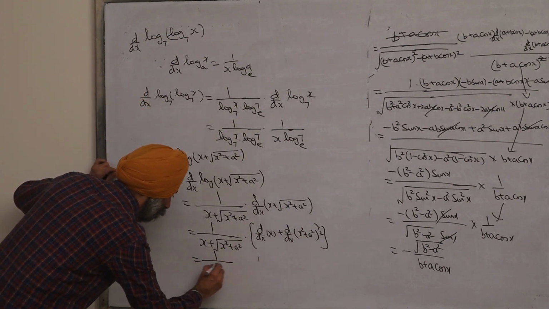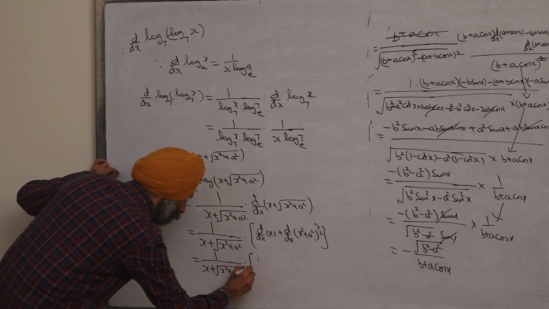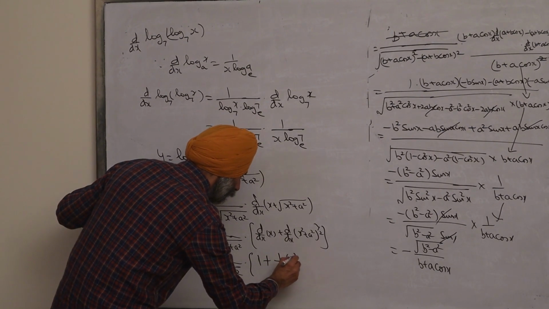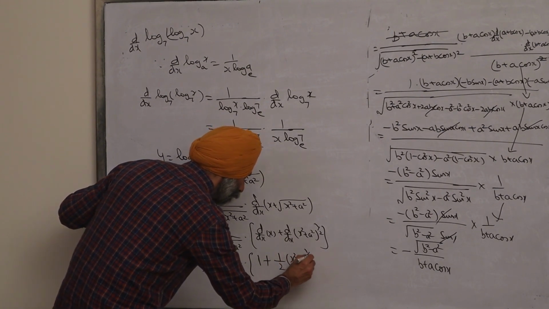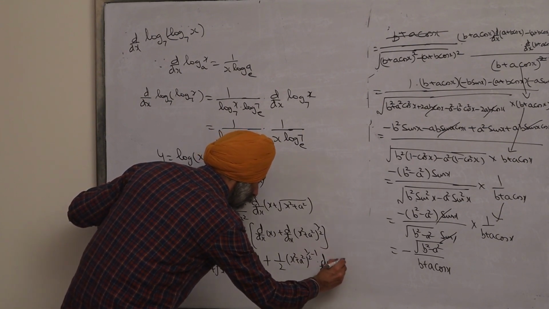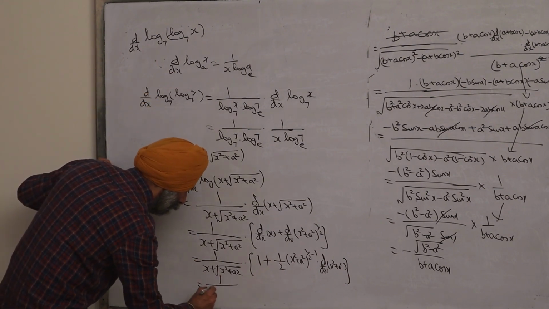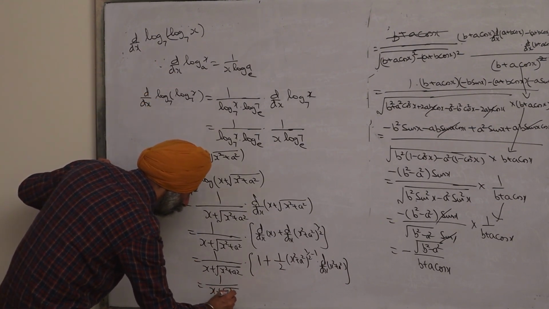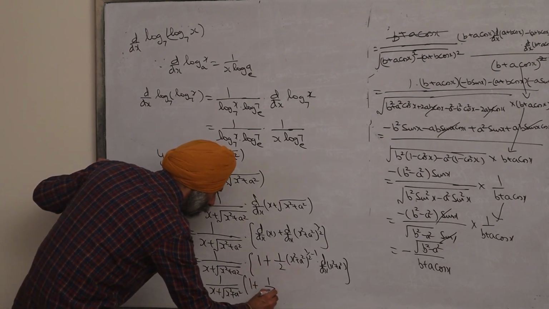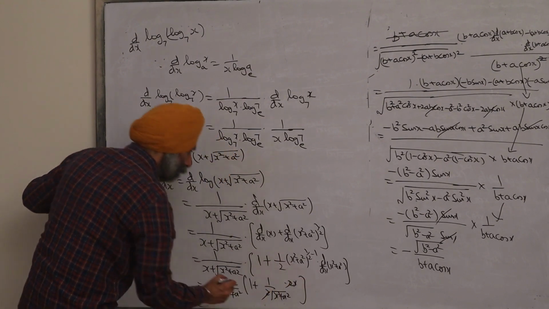So it is 1 over x plus under root of x square plus a square into 1 plus half of x square plus a square raised to power half minus 1 into differential of x square plus a square. So it is 1 over x plus under root of x square plus a square into 1 plus 1 over 2 times under root of x square plus a square into 2x.